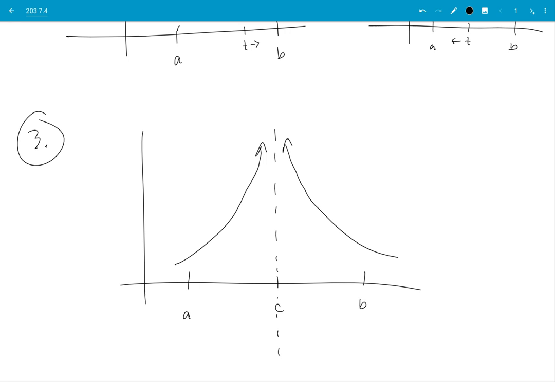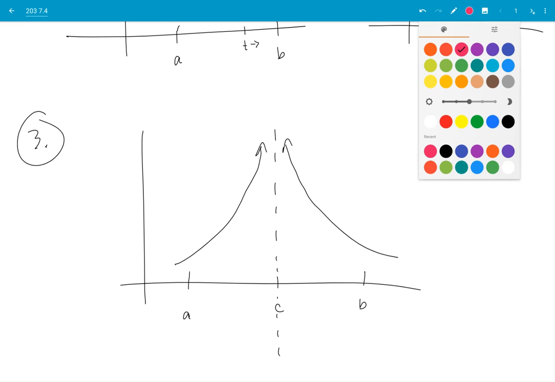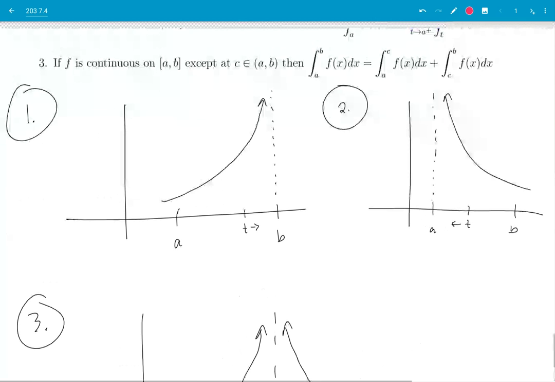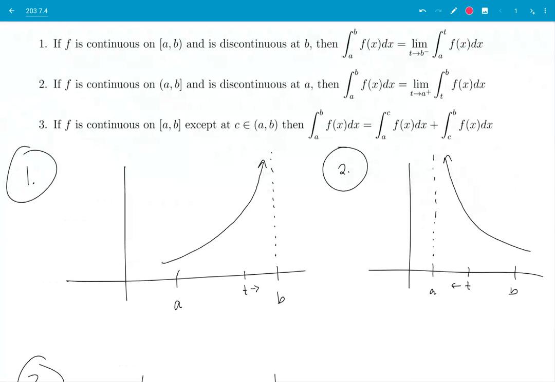So what we're going to do is break it. So we break our original into 2 smaller pieces.